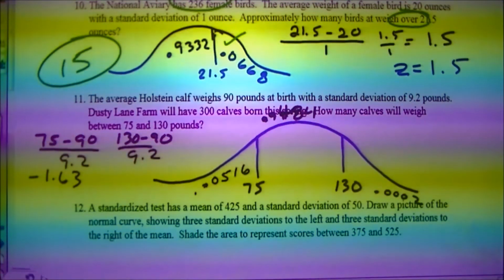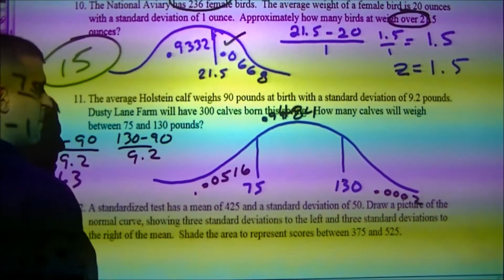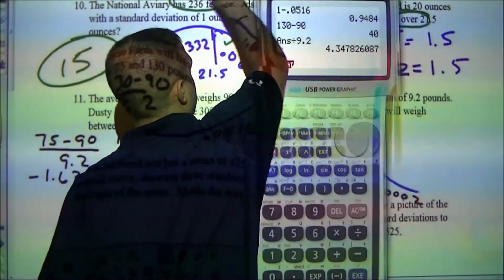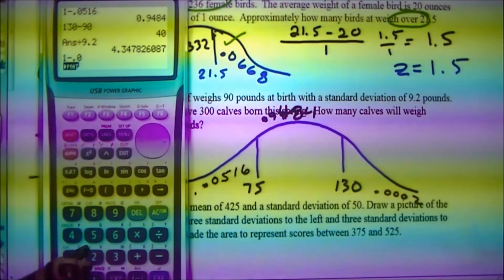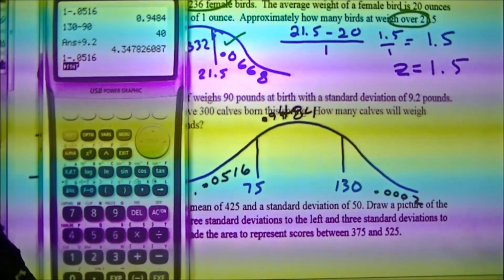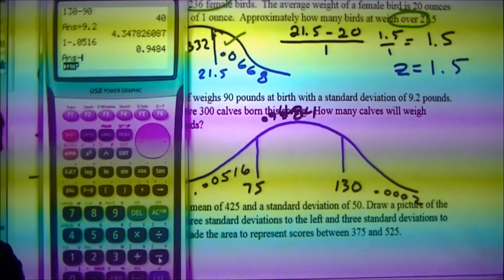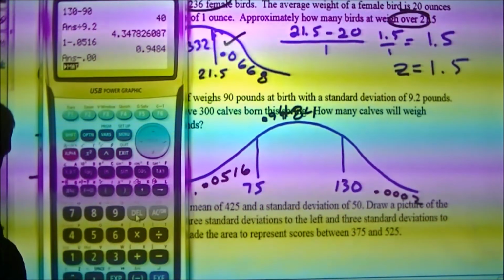So what I got to look at is what is going to be between these two. Here's how I can figure that out. I know what's to the left here, 1 minus 0.0516, and I'm going to subtract another 0.0002, so one more zero actually.